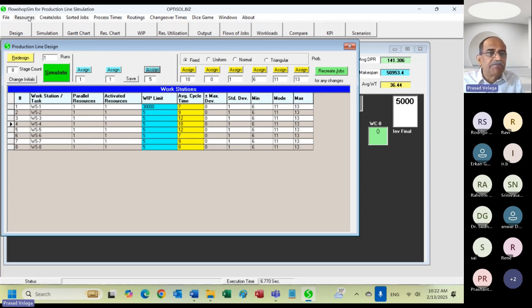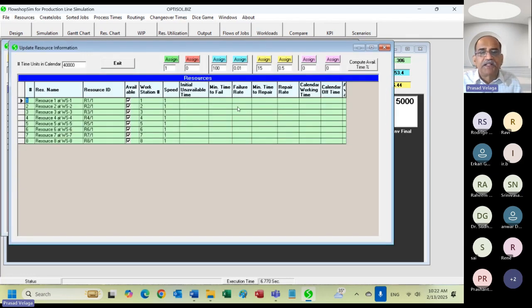And I would introduce some failures for some machines. For example, for the second one, the failure rate is 0.01. It means on the average, for every 100 minutes, the machine will fail. And assume that there's a fixed repair time, say 25.